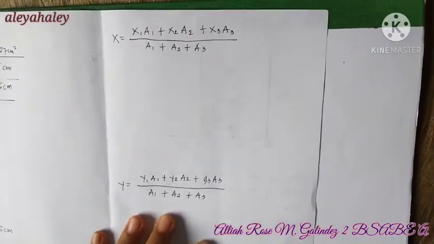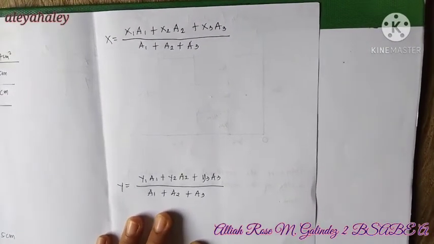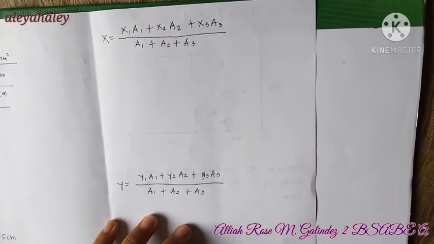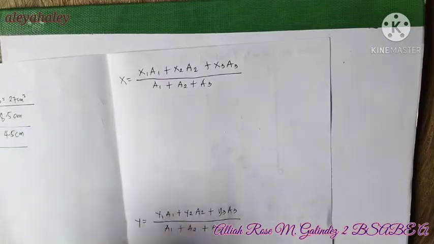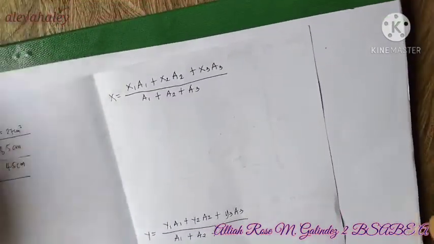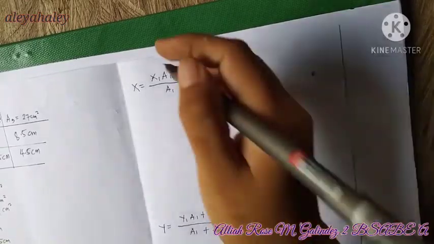Same here for the y-axis: y1 times a1 plus y2 times a2 plus y3 times a3 divided by a1 plus a2 plus a3. So let's solve for the x coordinate of the center of gravity.